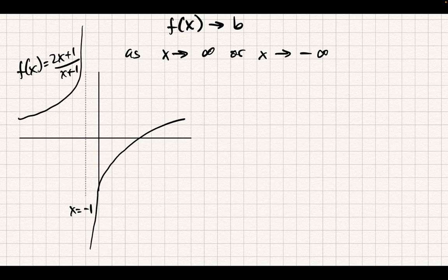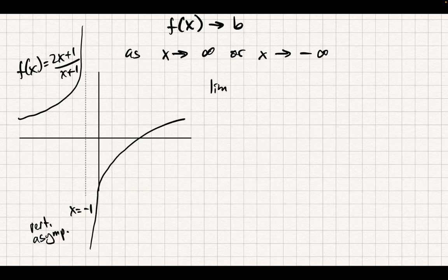That's the vertical asymptote, x equals minus 1.